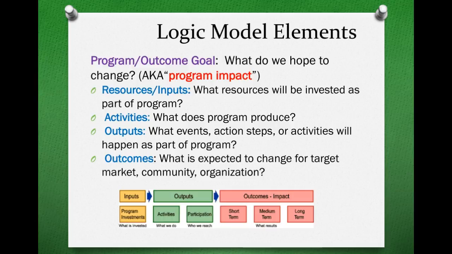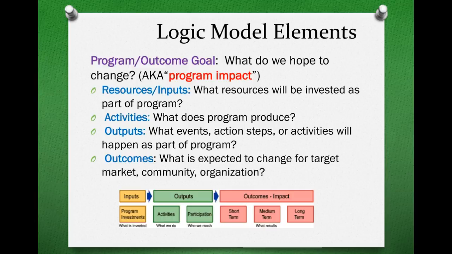This may look a little bit like the outputs and activities, but outputs often count the number of hours or the number of contacts. And then the outcomes. So what is expected for change for the target market or community or organization? Often outcomes are stated in short term, medium term, and long term.